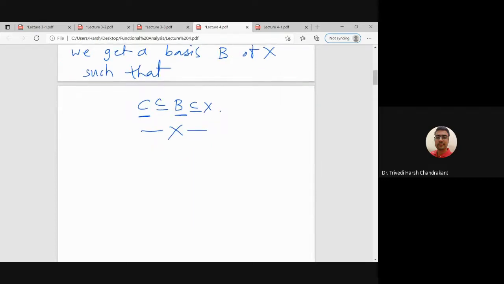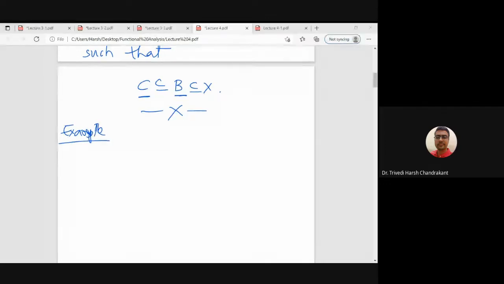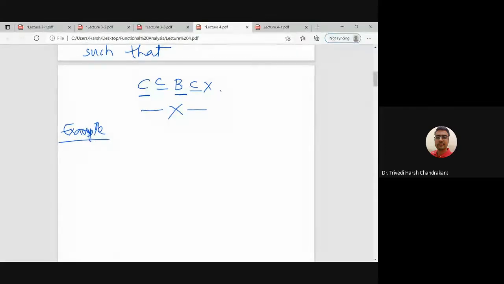Now, one example we want to discuss today is regarding functionals. We discussed that if we have a linear map whose codomain is one dimensional, then such a map is called a linear functional. Linear functionals are useful to study dual spaces.